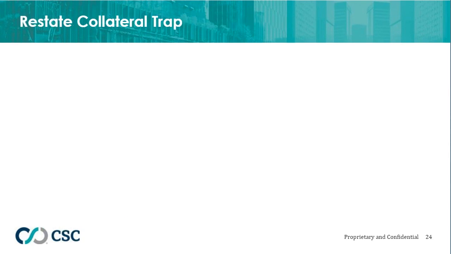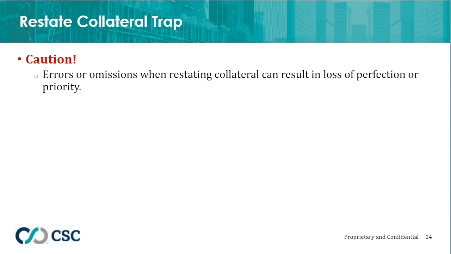But using this type of amendment does create a trap because it replaces all prior collateral descriptions. Any error or omission when restating the collateral may leave the secured party without the degree of perfection or priority that they expected. One example is a case, Northern Beef Packers.